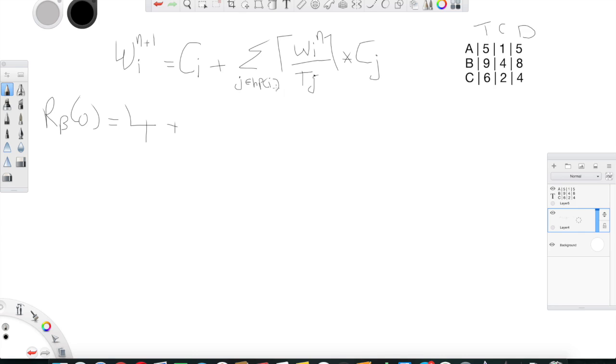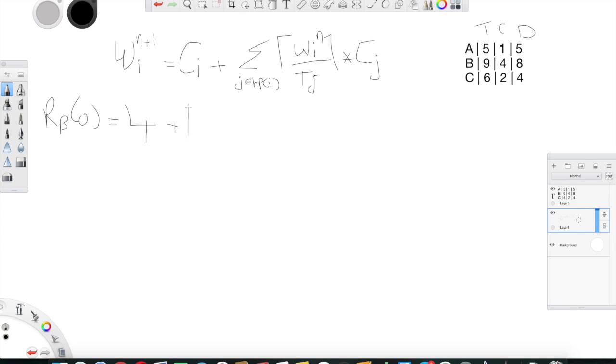The higher priority tasks than task B are two tasks, A and C. So j will once be A and the second time it will be C, and we need to perform a summation on these two. However, the very first time, the response time of B at iteration 0, we do not have a previous response time. So actually this will result in a 0.